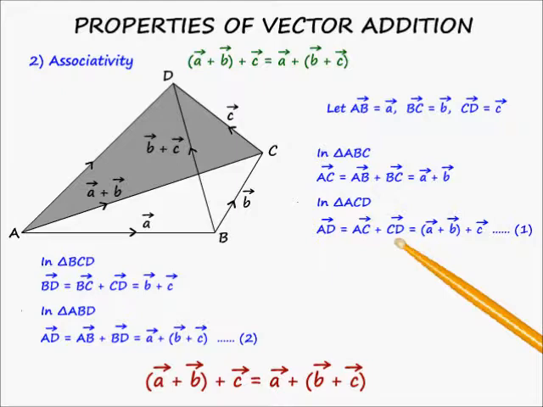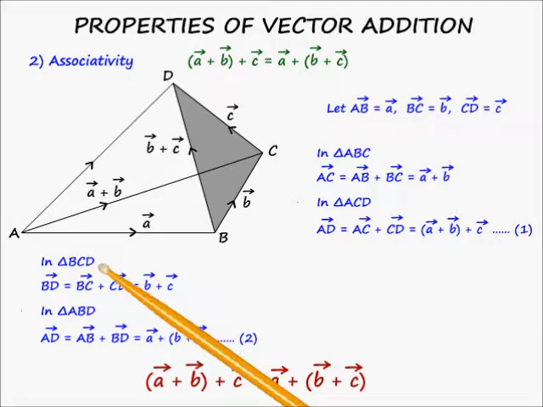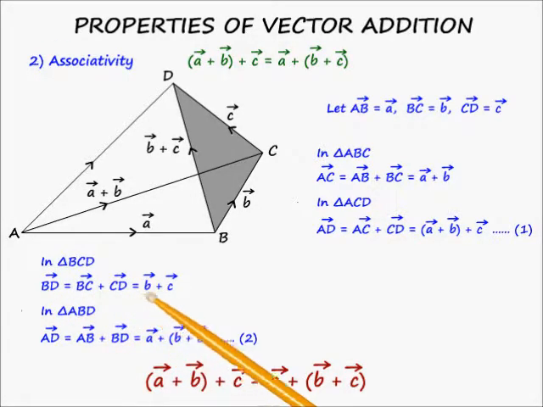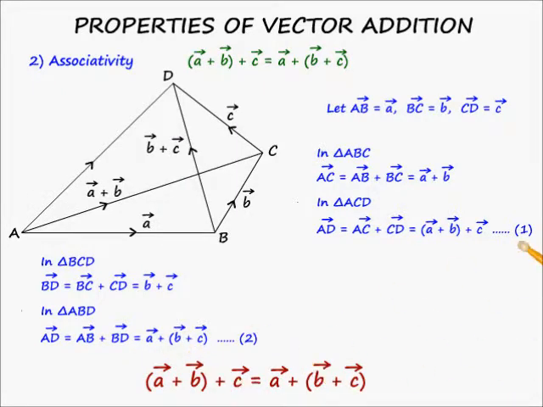Therefore, AD equal to (A plus B) plus C. In triangle BCD, BD equal to BC plus CD, which is equal to B plus C. In triangle ABD, AD equal to AB plus BD. Therefore, AD equal to A plus (B plus C). From 1 and 2, we get (A plus B) plus C equal to A plus (B plus C).